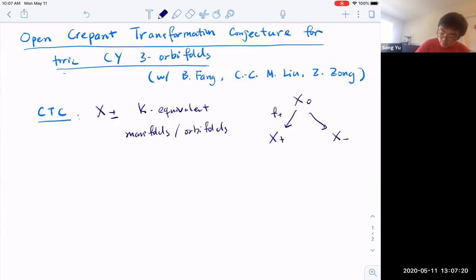Let's call these maps f plus and f minus, such that if I pull back the canonical bundles, they agree on top.